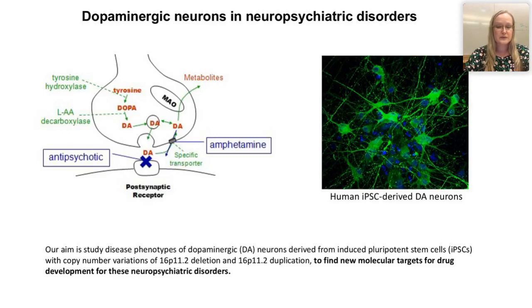In schizophrenia, psychotic disorders have been treated with these dopamine receptor blockers as well. This indicates that dopamine signaling is disturbed in these disorders, and that is why our aim was to differentiate iPS cells that carry these copy number variations, 16p11.2 deletion and duplication, into dopaminergic neurons to find new molecular targets for drug development for these disorders.